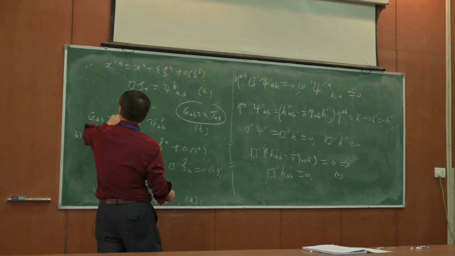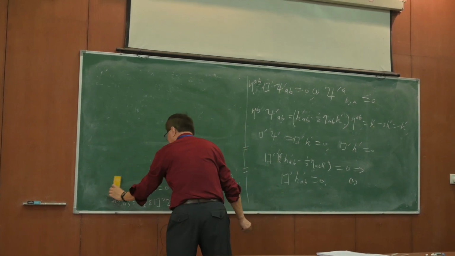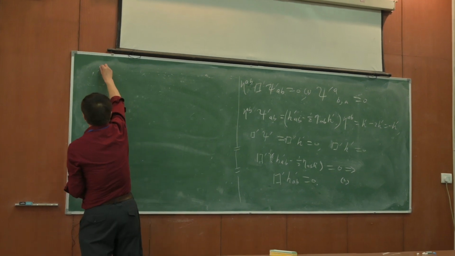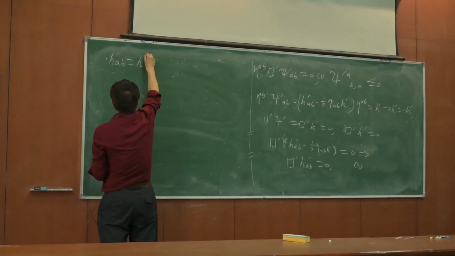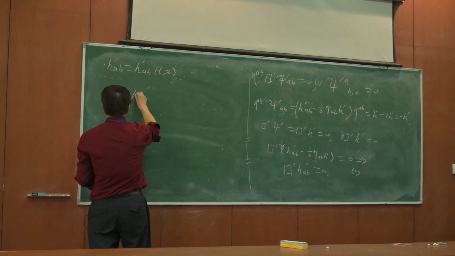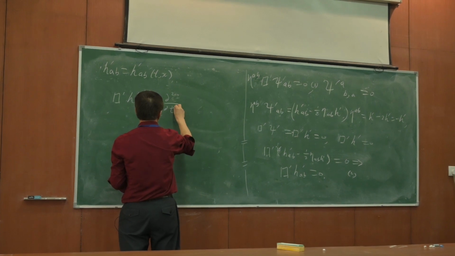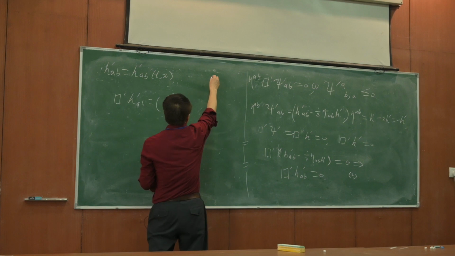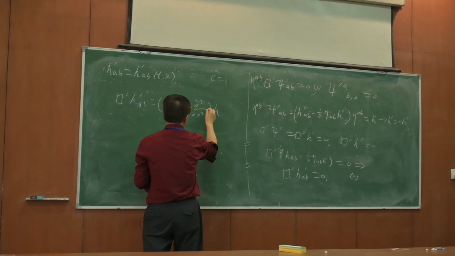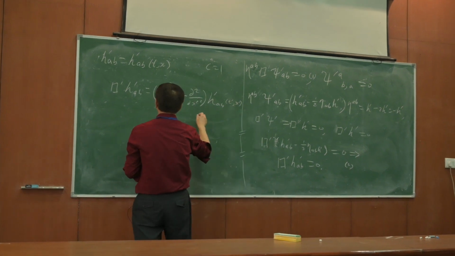Plane wave means let's consider phi AB only depends on T and X. So if we consider H prime AB as a function of only T and X, then what happens is that box H prime AB will be equal to d squared dt squared, putting c equal 1 as the velocity, minus d squared dx squared of H prime AB. This equals 0. Right?